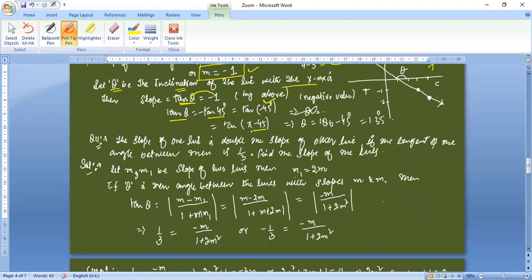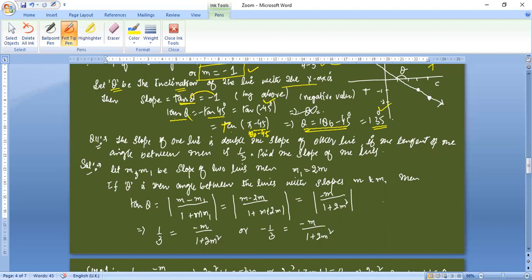Pi is actually 180 degrees, right? So this is tan of pi minus 45, which is actually 180 minus 45. So tan theta is tan of 180 minus 45. So this means that theta would be 180 minus 45, right? So this is 135 degrees, right? So this is the angle.